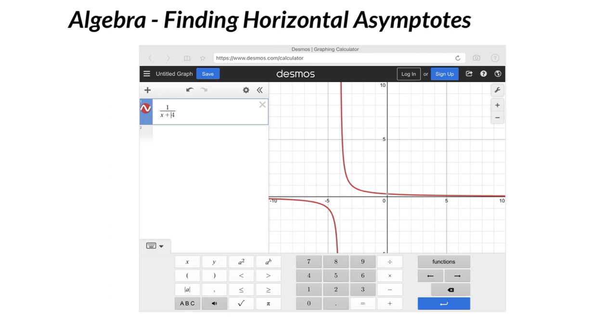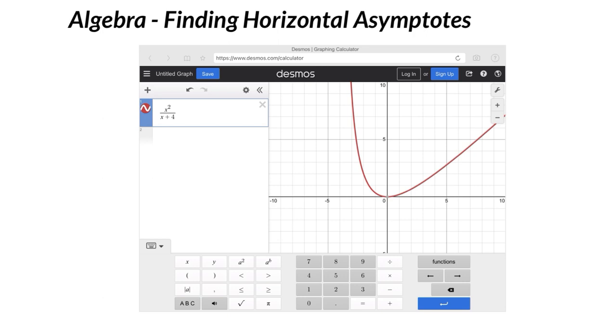Now, let me go to the numerator and change it from a 1 to an x. Now you can see I have shifted my horizontal leveling spot up. If I were to make this x squared in the numerator, now it doesn't even seem to level out at all. And this really is a simplified way of thinking about horizontal asymptotes.